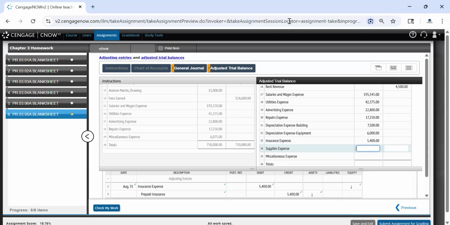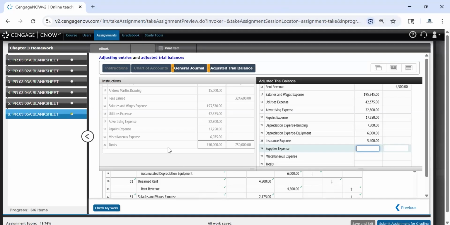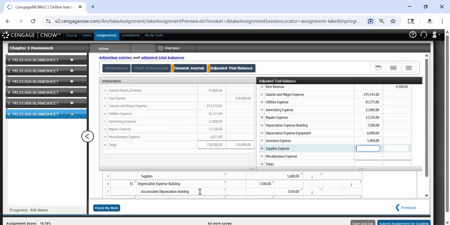And then supplies expense, we also accrued for supplies expense, which was 1,680. And then miscellaneous expense we did not affect.